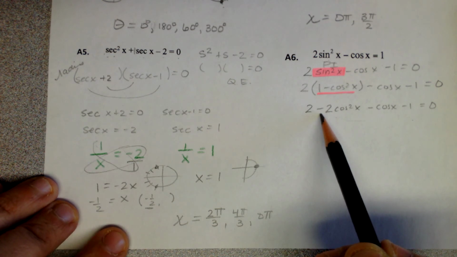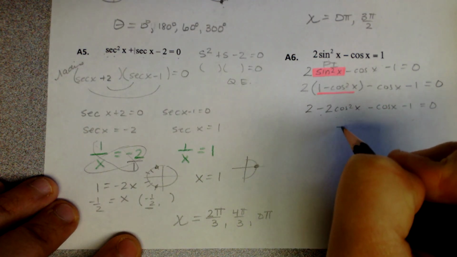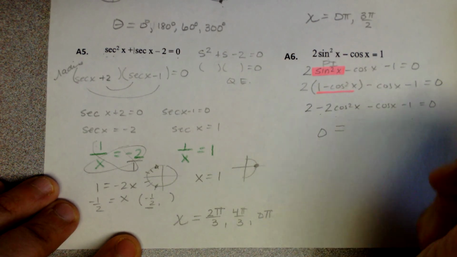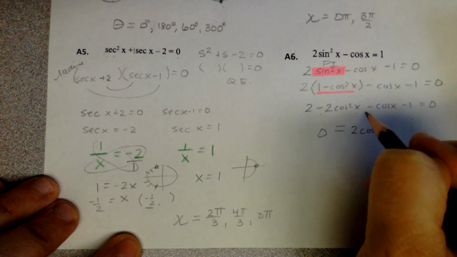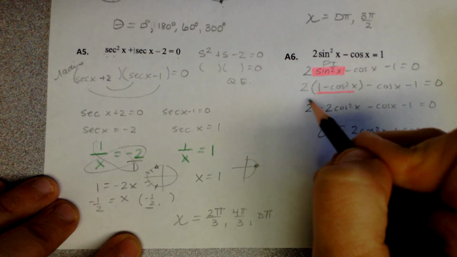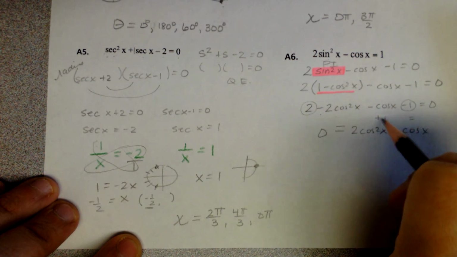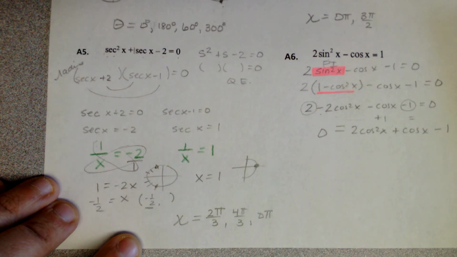So the easiest way for me as a math teacher, rather than multiplying everything by -1, is to move everything to the right. So when I move this to the other side, I get 2 cosine squared x. When I move the negative cosine over, I get positive cosine x. If I combine like terms here on the left, I get positive 1. But when I move it to the other side, to the right, it becomes a negative 1.